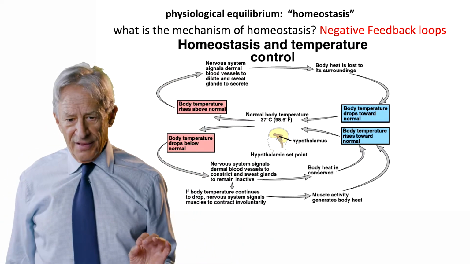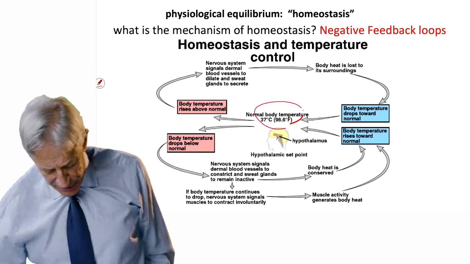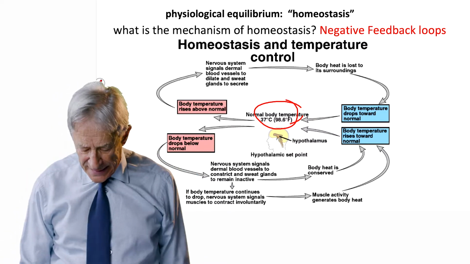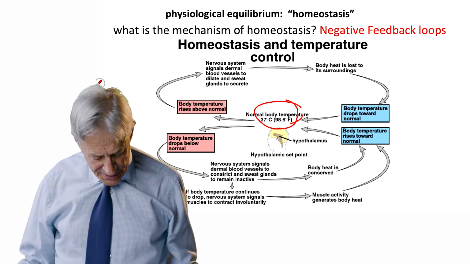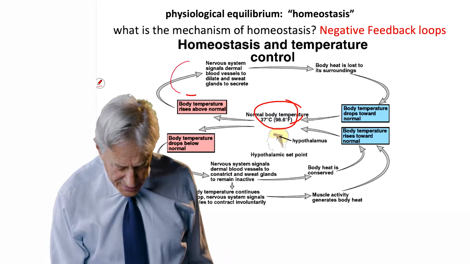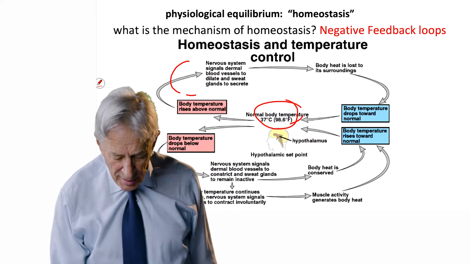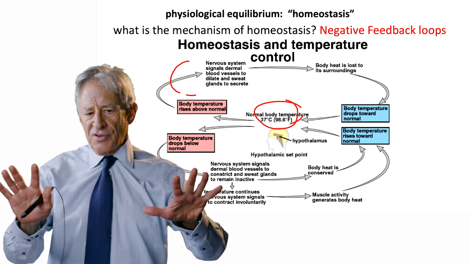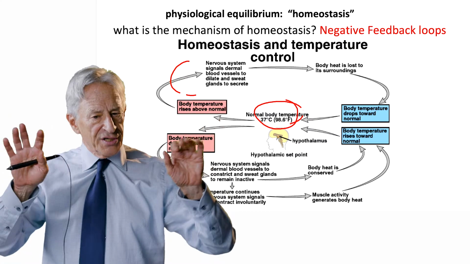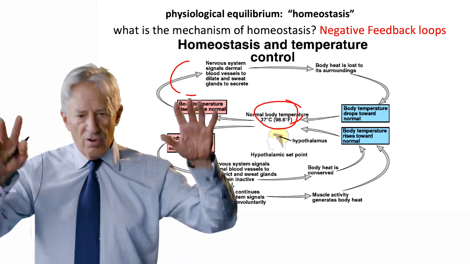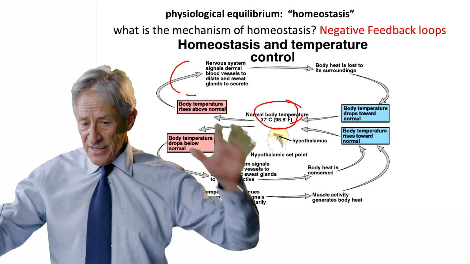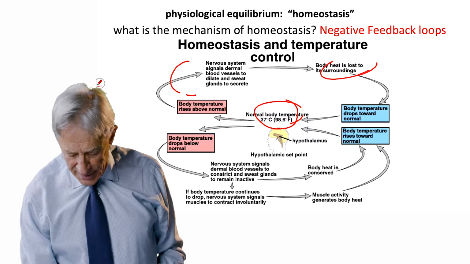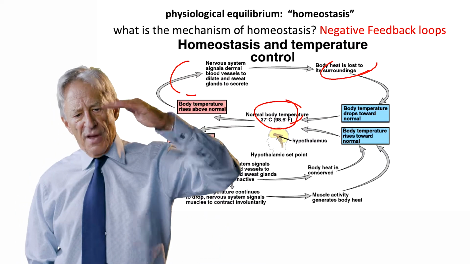As we all think we know, normal body temperature is 98.6. And if your body temperature goes up, let's say you exercise, so body temperature rises above normal, then the brain dilates the vessels to produce better radiation of heat, get it out of the core and out into the periphery where it radiates. And that way body heat is lost to the surroundings and body temperature drops towards normal and is maintained.